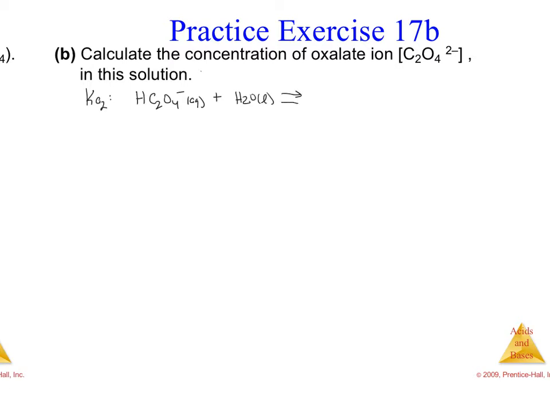It's a weak acid, so I have equilibrium arrows. I'm forming C2O4 2 minus, aqueous, plus hydronium, aqueous, and my Ka2 expression is going to equal C2O4 2 minus times hydronium, H3O plus, divided by HC2O4 minus.